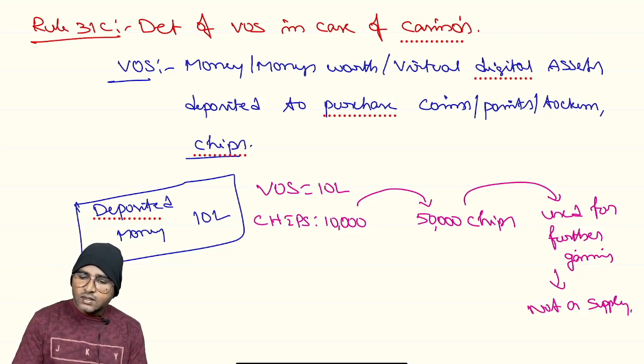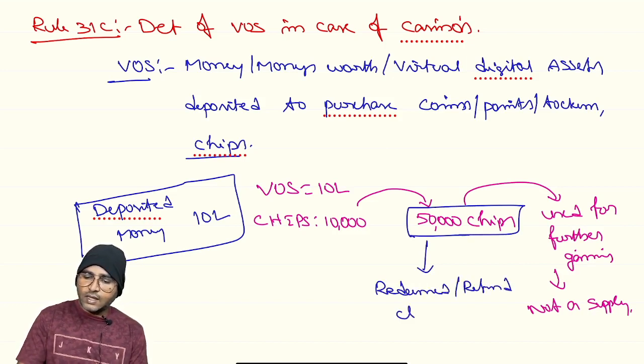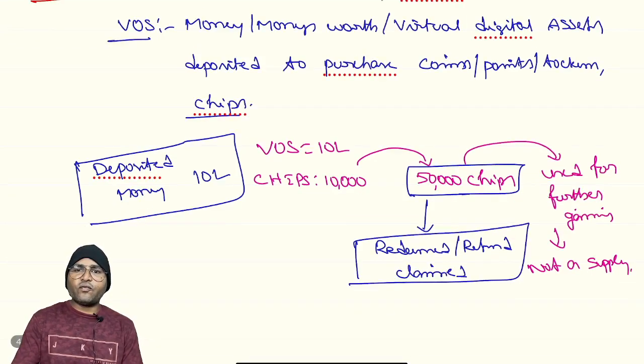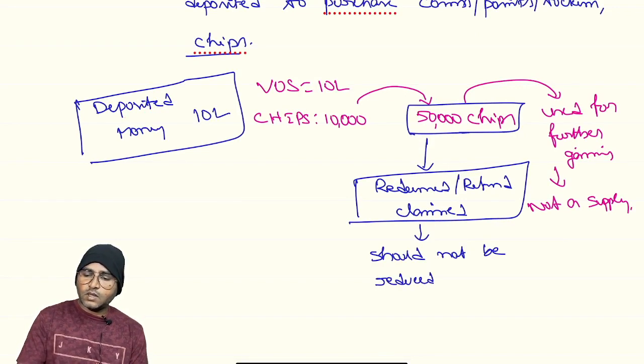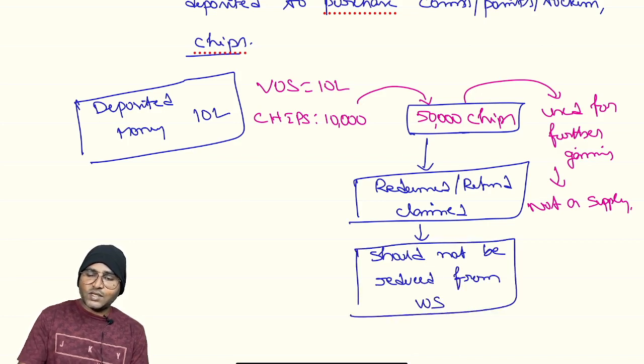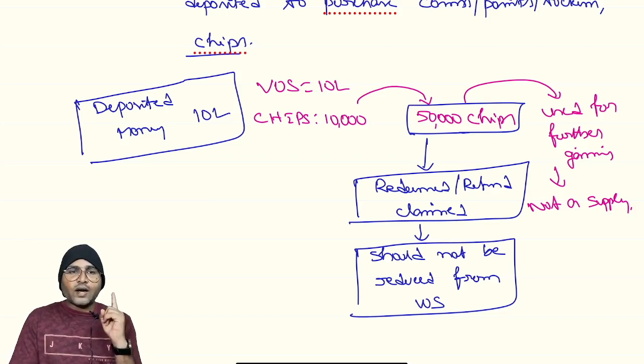And one more thing, 50,000 chips redeemed or refund claimed. It should not be reduced from value of supply, right? Sir, while purchasing of the 10,000 chips, it is a supply, no? Already I paid GST on it.